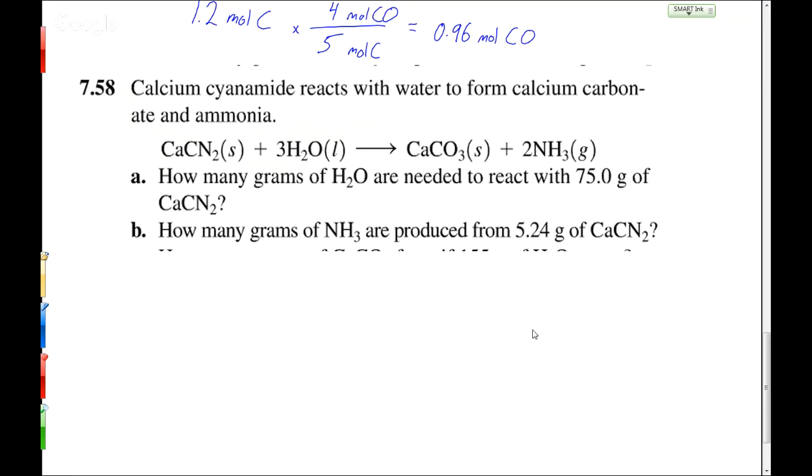So see if you can do this one with those extra factors in there.